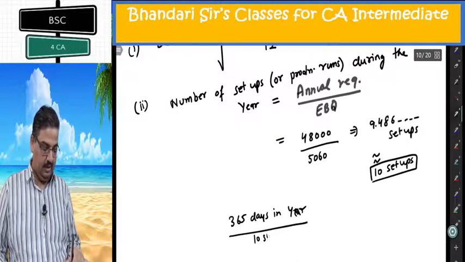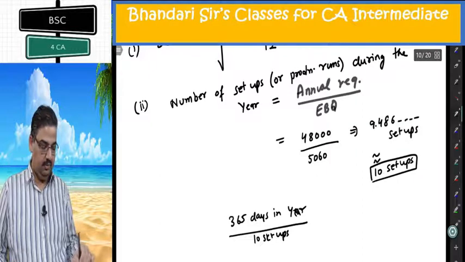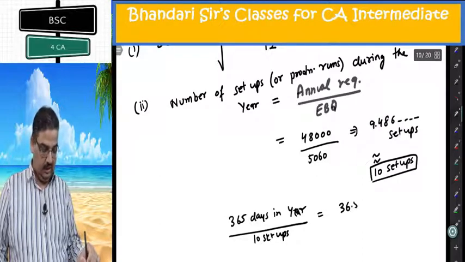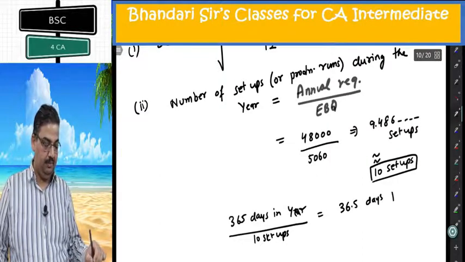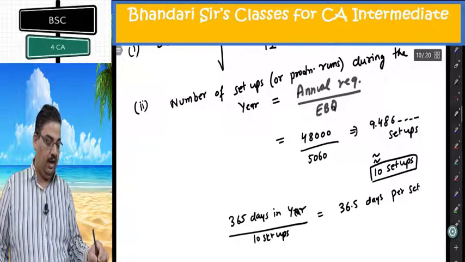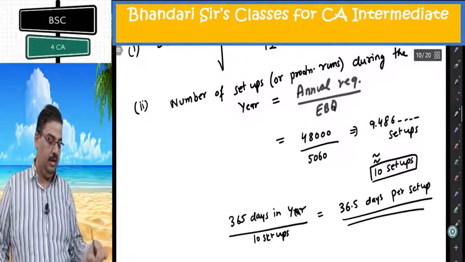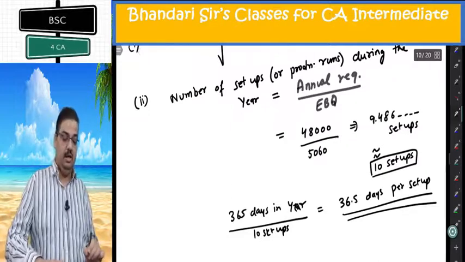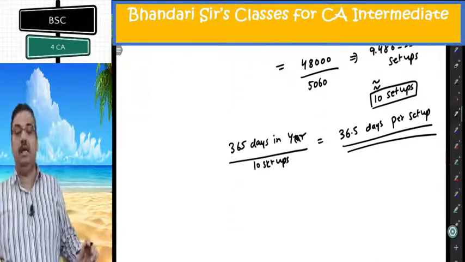Divide by 10 setups. 36.5 days per setup. After how many days the setup is done? After 36.5 days, approximately 37 days are there.